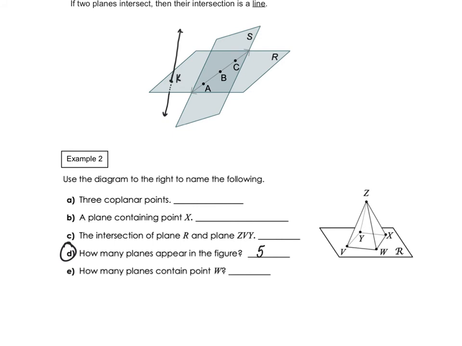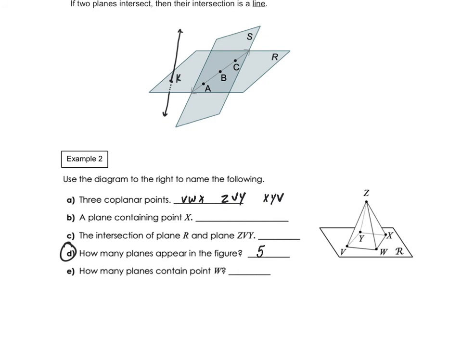If we were to pick 3 coplanar points, I could say that VWX would be 3 coplanar points. I could even say that ZVY are 3 coplanar points. It just happens to be that plane right there. I could also say, how about X, Y, V?